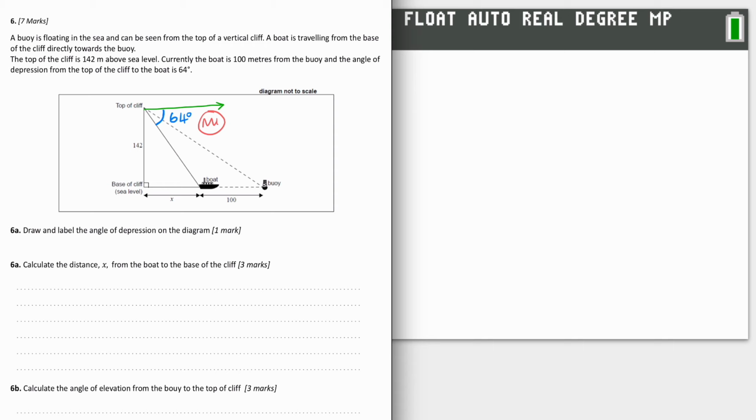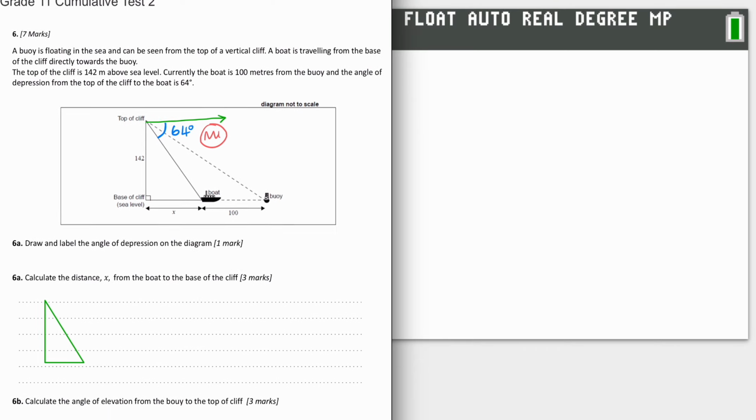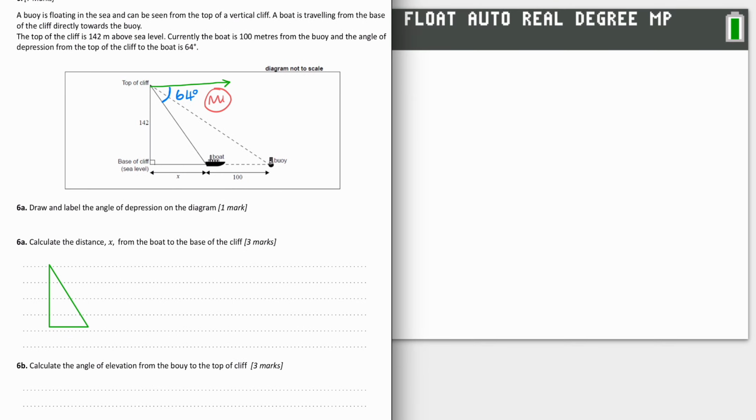And then the second part is 3 marks, and it's for calculating the distance from the boat to the base of the cliff. So I'm just going to draw out this triangle over here so that I can see it for my working. I have a right-angled triangle. I know that this measurement here is 142, and this is what I'm trying to find, which is x, and this is my right angle.